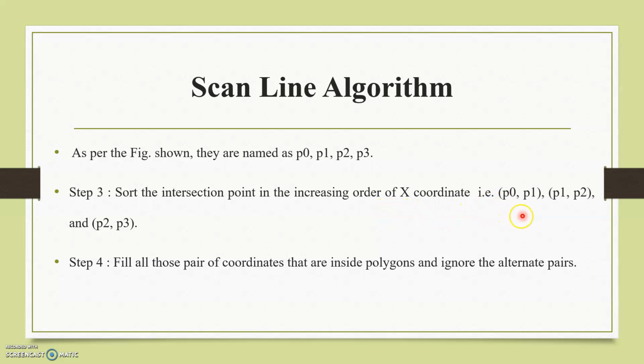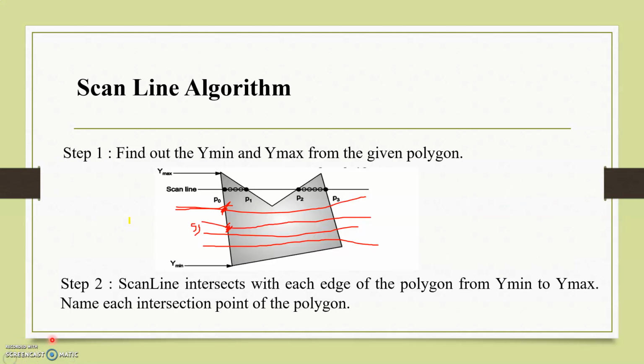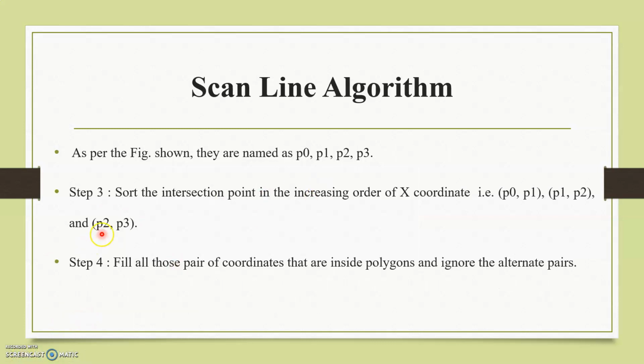We got the intersection points P0, P1, P2 and P3. Then we make pairs in such a way that we can draw a line. Here P0, P1 can be a pair so that we can draw a line directly, and P2, P3 can be a pair so that we can draw a line directly.